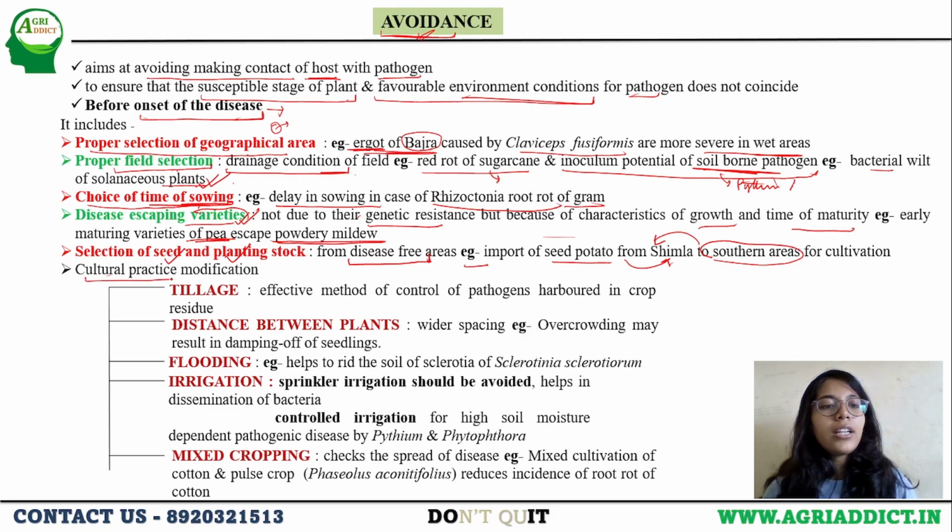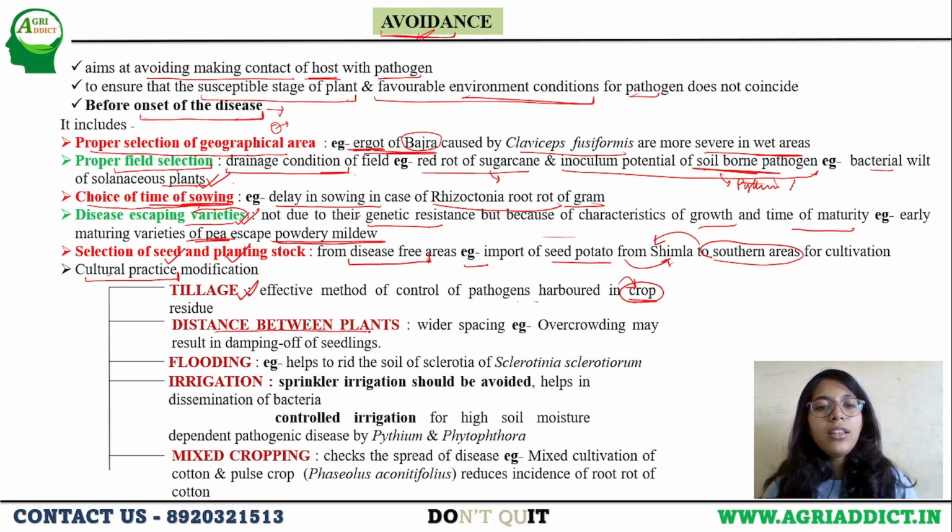We need to modify the cultural practices. For example, tillage. It is an effective method of control of the pathogens, because we know that tillage disturbs the soil and it also destroys the crop residues. So the inoculum potential that is already in the crop residue gets destroyed.